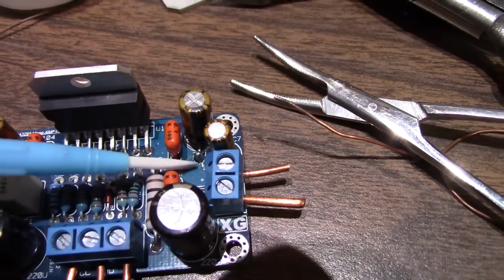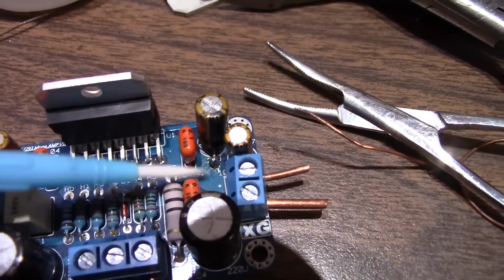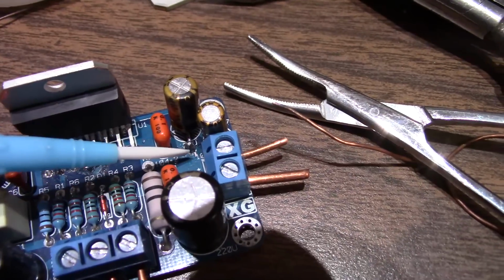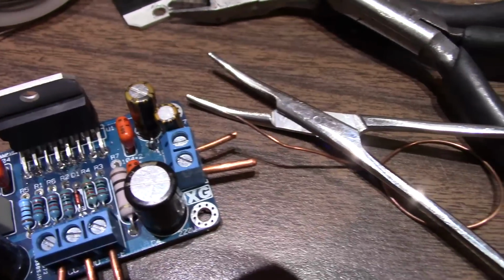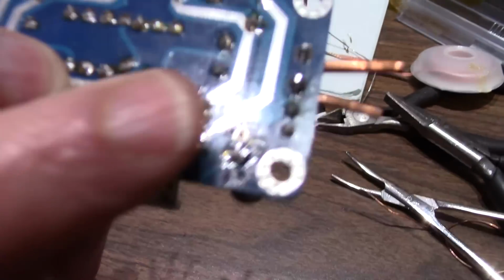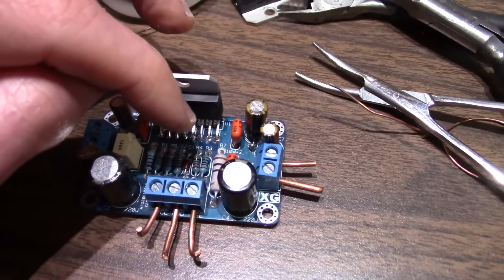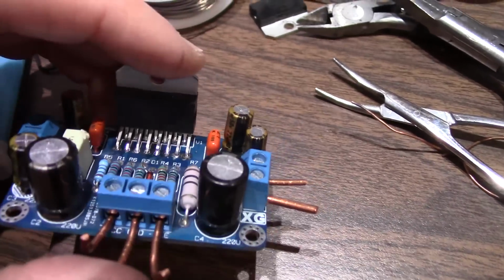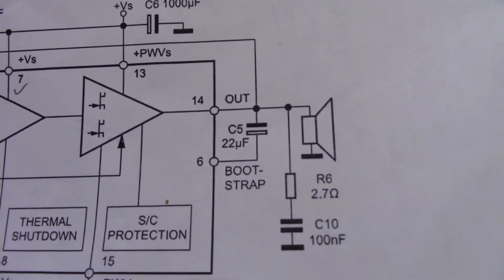I scraped some varnish off the board, resist or whatever you call it, and soldered that lead of the capacitor over to that point, leaving that hole open now. So now it's connected from the bootstrap pin to the output, ground towards the output like it's supposed to be on the schematic.